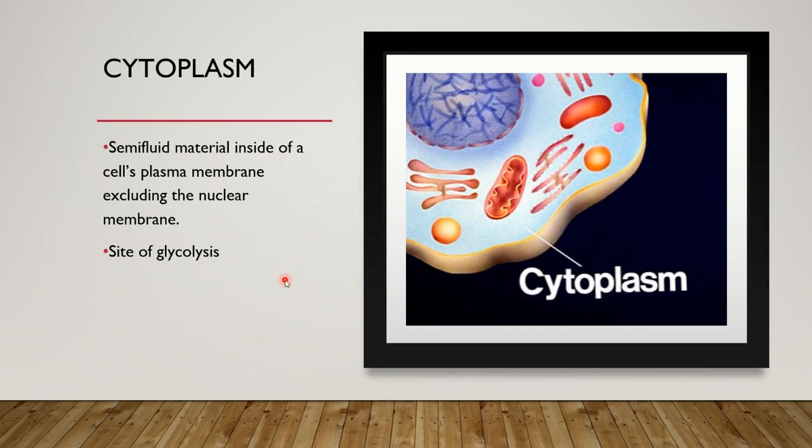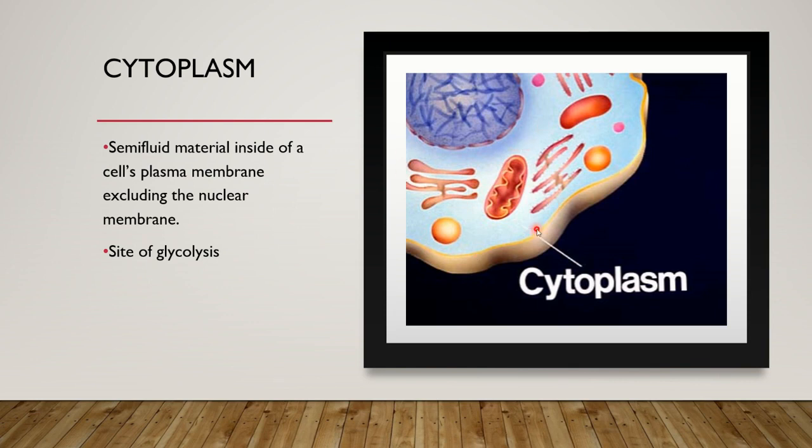One thing that is not considered an organelle is the jelly-like substance or semi-fluid material that actually contains and houses the organelles in a cell. It is called the cytoplasm. This is an important area of the cell. You can see it's this jelly-like material.